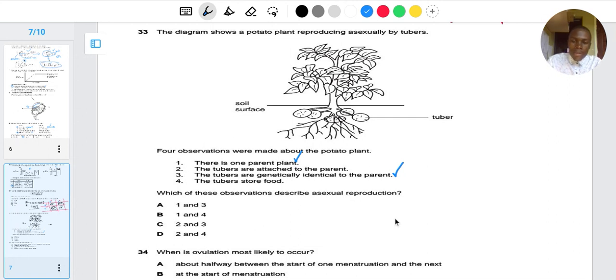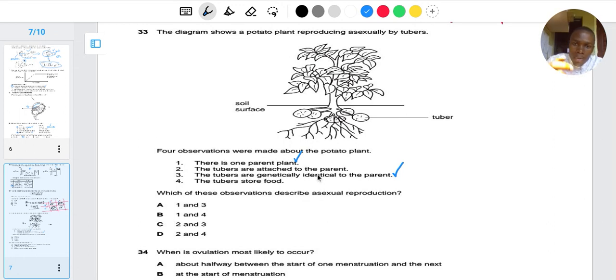Always the tubers come from the parent, so there is one parent plant, which is correct. Then apart from that, these offspring have to be identical to the parent, which are 1 and 3. But when it comes to the attachment, they can attach, of course, but they should come from the parent, and they should be identical to the parent. They do store food, but they can also store food when they detach from the parent.